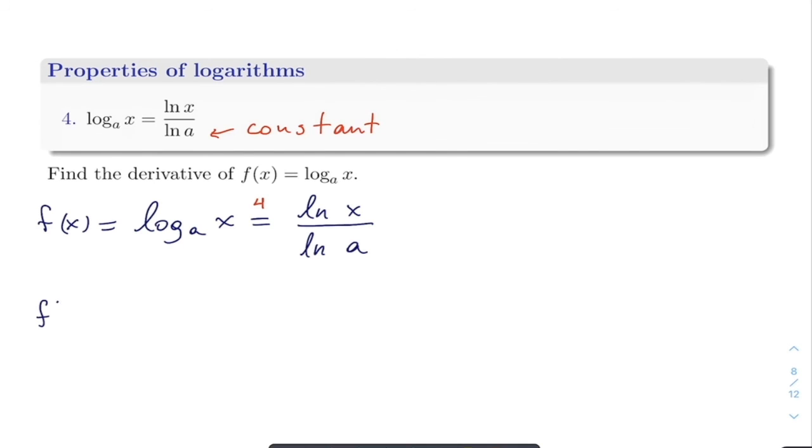Now if we want to find the derivative of this, remember that this number is now a constant. So if we take the derivative, we can take it out. So this is 1 over the natural logarithm of a times the derivative of the natural logarithm, which we already know how to compute. This is just 1 over x.